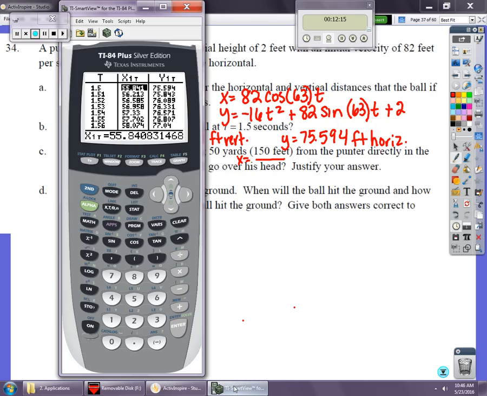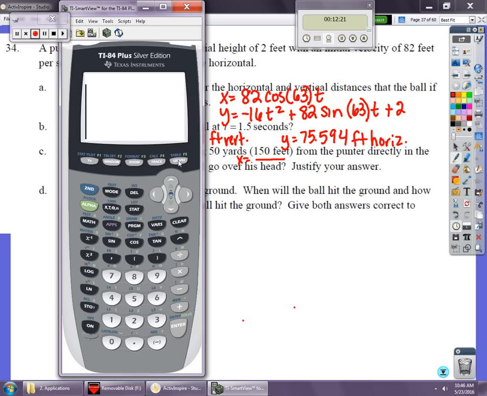So let's go check something out here. So at 150 feet, let me take a peek at the graph here. Now remember, this is the window from the last problem, and actually it's fine. I can see everything I need, which is good. So I'm going to hit trace, and I'm going to keep an eye on the x.